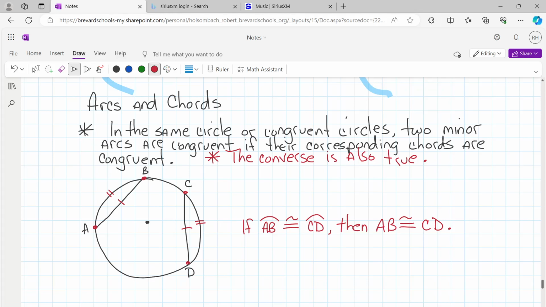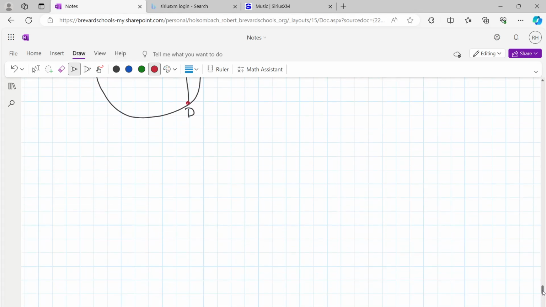So if you look at real world example number 1, you're given a circle down there. They call it embroidery hoop. In this embroidery hoop, we got AB right here. We've got CD down here.